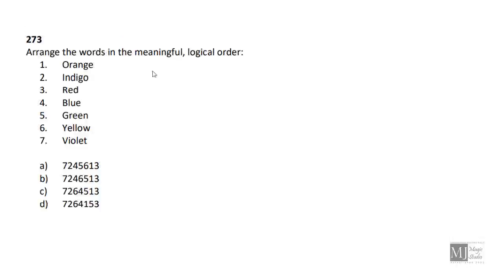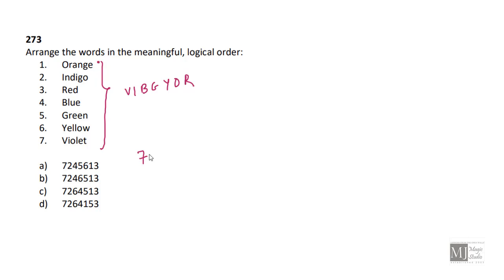Arrange the words in the meaningful logical order. And we have orange, indigo, red, blue, green, yellow, violet. As I see these 7 colors of rainbow, isn't it? VIBGYOR, Vigor.